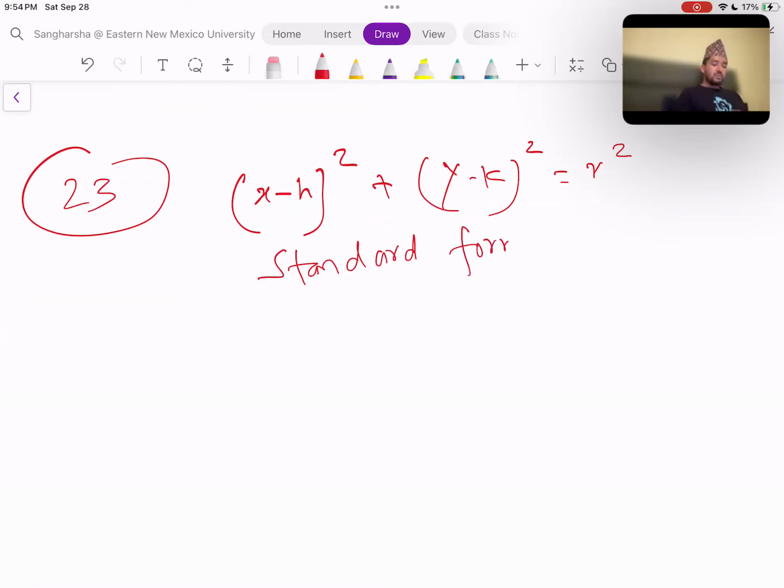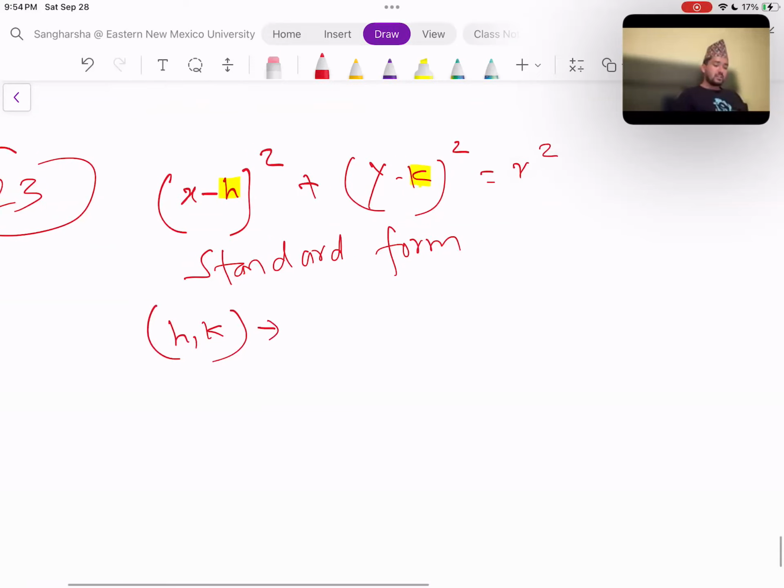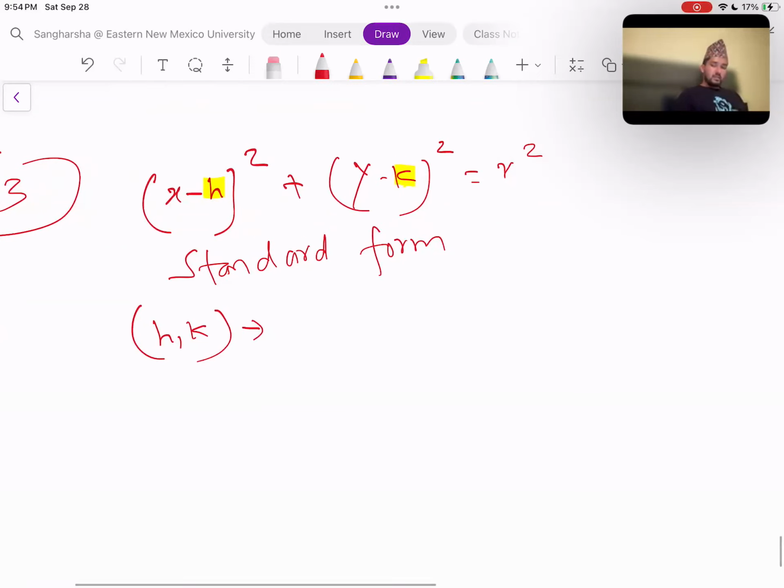Standard form of the equation of a circle. Now, who can tell me what is (h, k) for a circle? If you have (h, k), what does this represent in a circle?